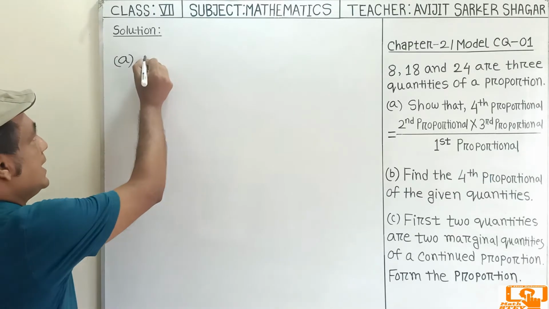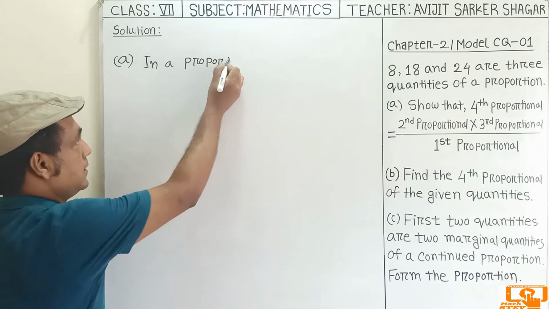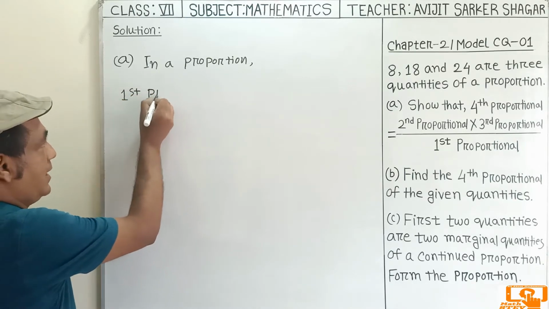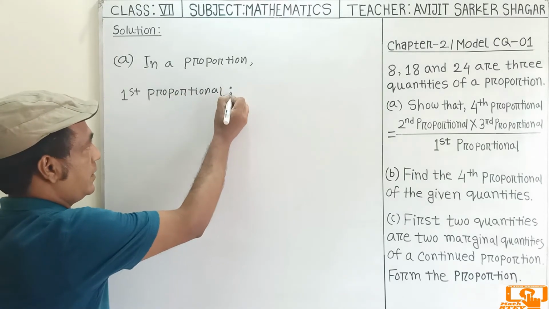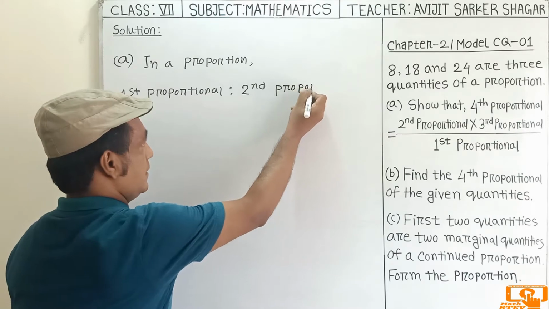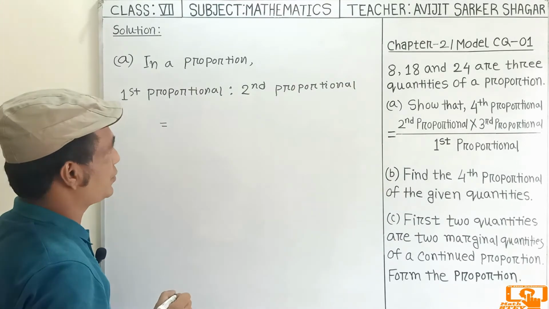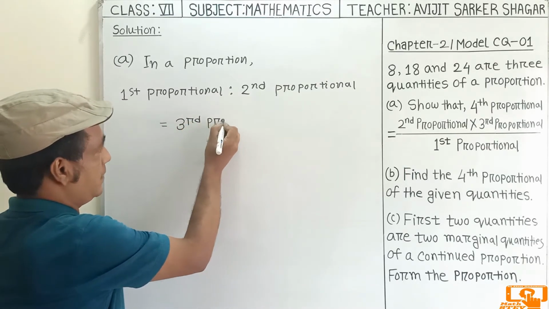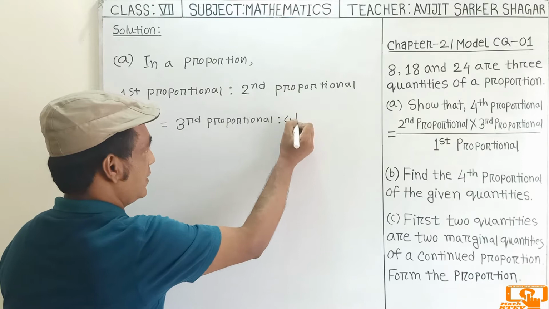Okay, we know in a proportion, first proportional is to second proportional equals third proportional is to fourth proportional.